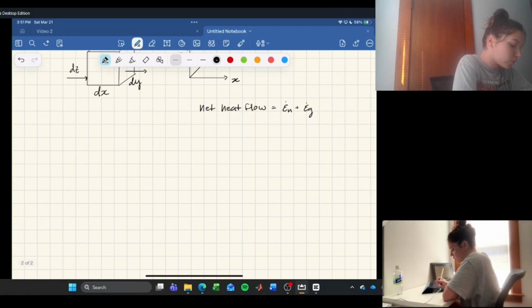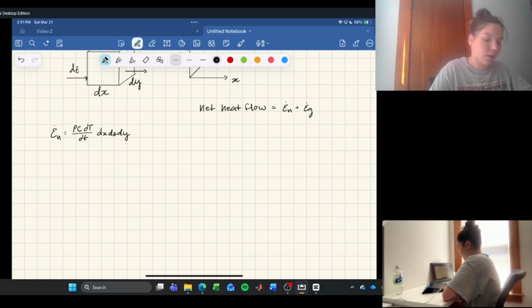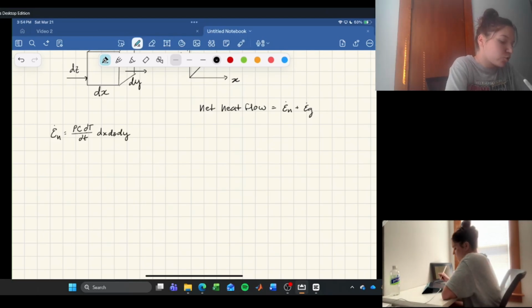So we can write this equation where the rate of change in the energy stored is equal to the density times the heat capacity times the change in temperature over the change in time, and this is times the volume. And then the rate of energy generation is going to be equal to the heat flow rate and then times the volume as well.